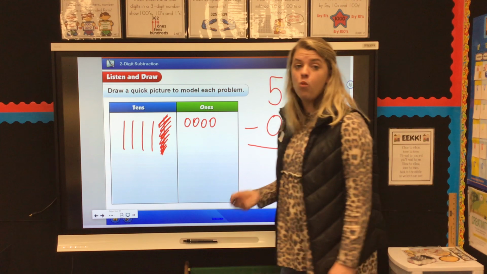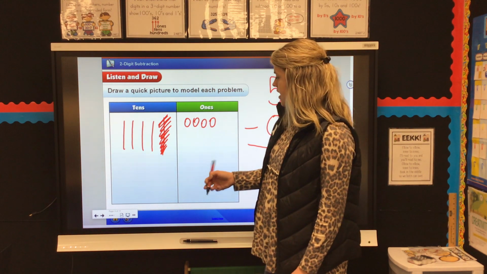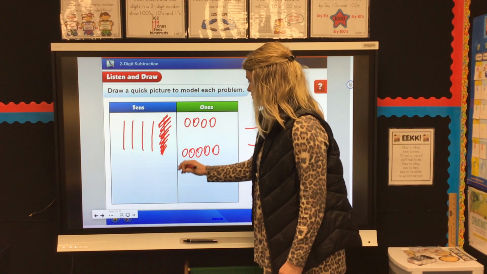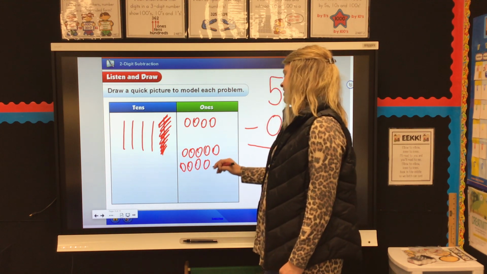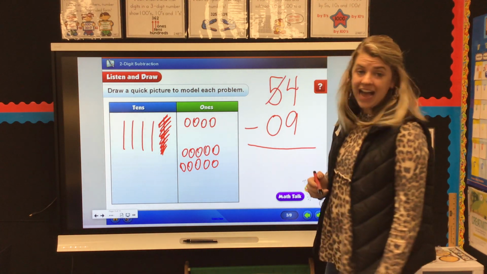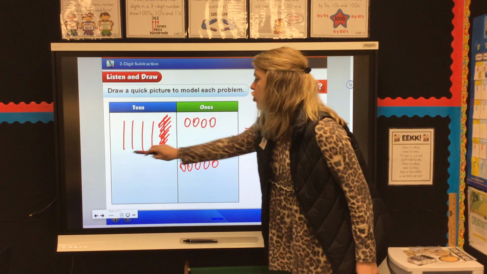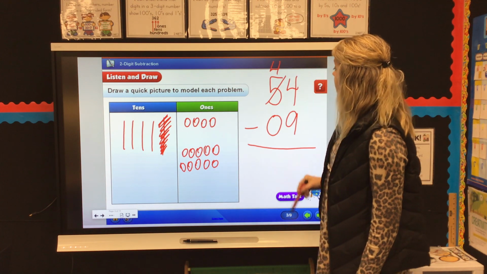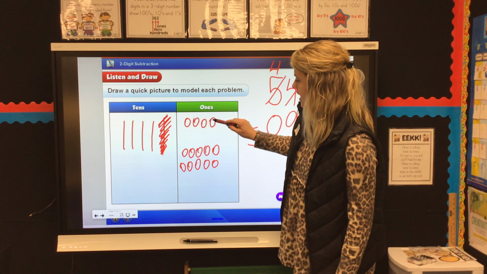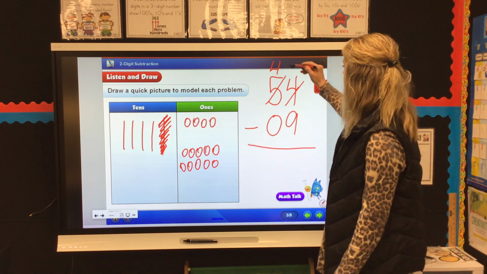We're going to take that one 10 rod and we're going to break it into 10 ones so that we have enough ones to subtract. So now I don't have 5 tens, I have 4 tens. And I don't have 4 ones, I have 10, 11, 12, 13, 14 ones.